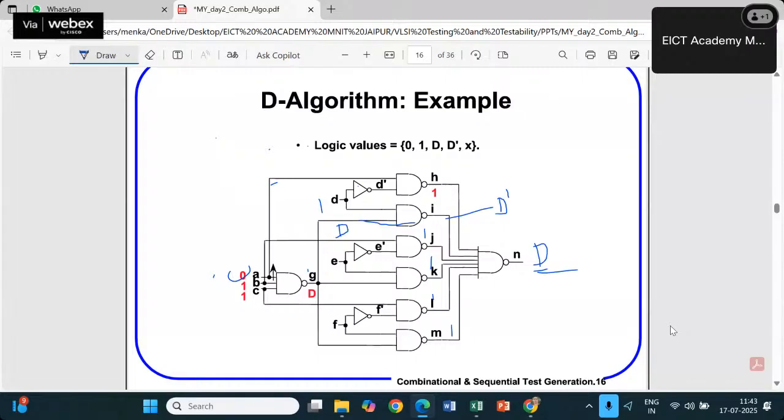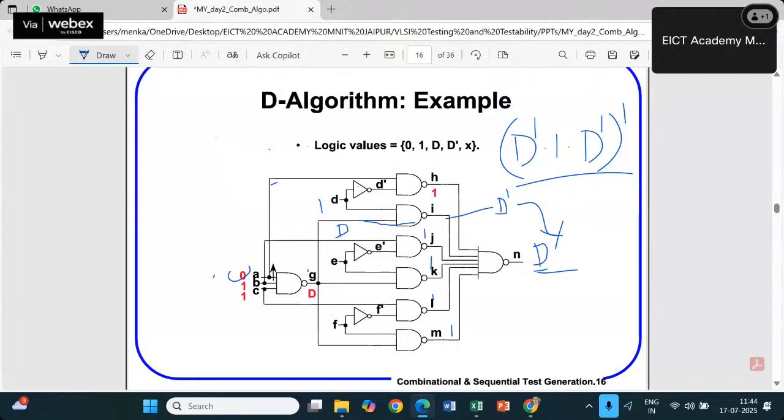Or D dash can convert to D through the NAND gate only if it is ANDed with all ones or all D dash. Then only it can give you D. Otherwise, if some other branch is having, let's say, 0 value or D value, then it is going to give us 0, right? So we have to make sure that the other values are 1, 1, 1.